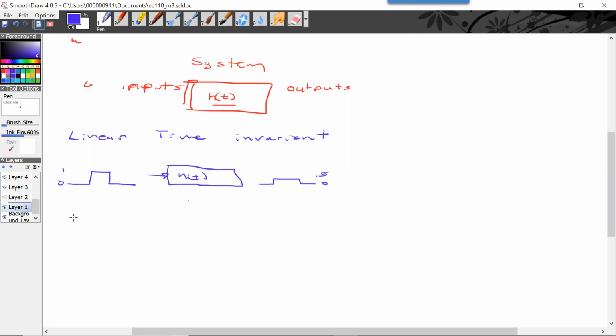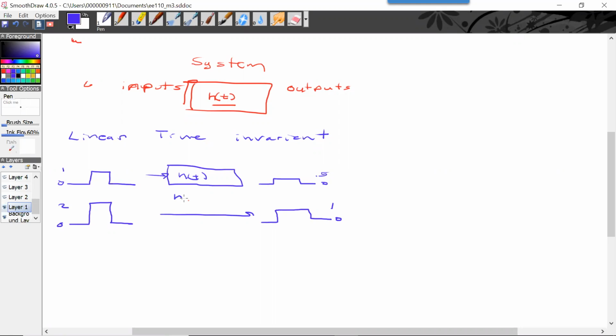If we scale that by a factor of 2 and put it through the system, then the output is scaled by a factor of 2. So the peak was 1 in this case, and now the peak is 0.5. Peak is 2, and now it goes to 1.